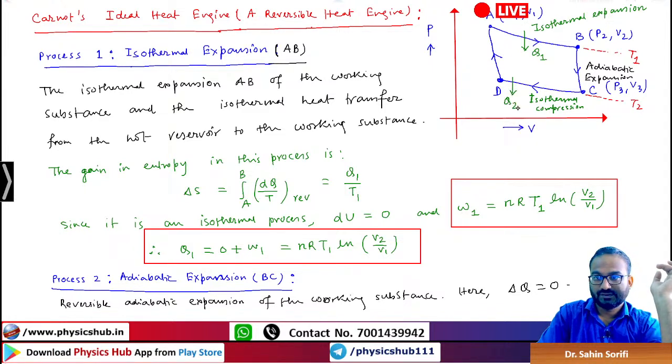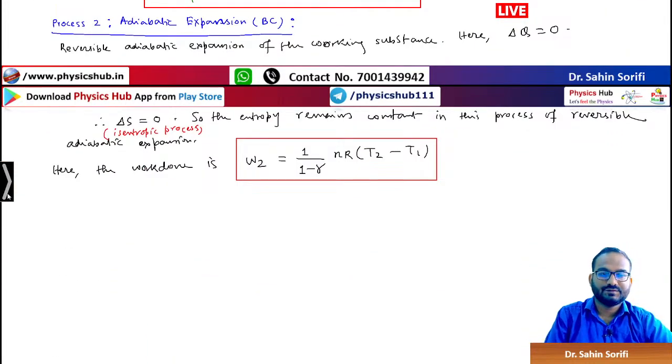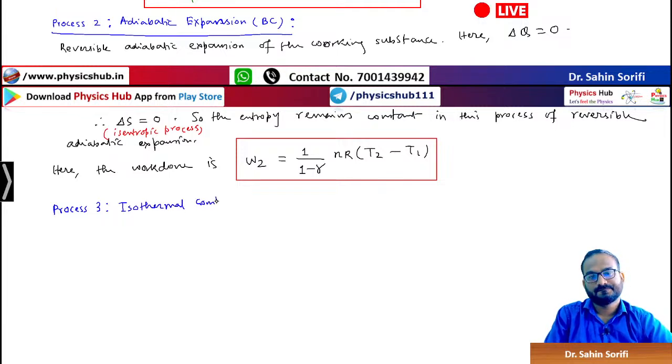Let us say the heat transfer is Q2. Third process, process 3, isothermal compression, and this is between C and D.